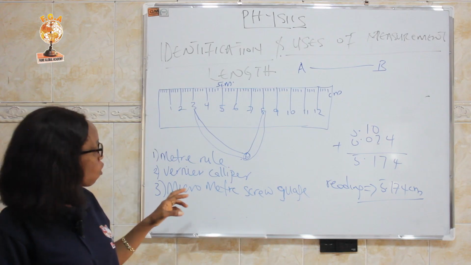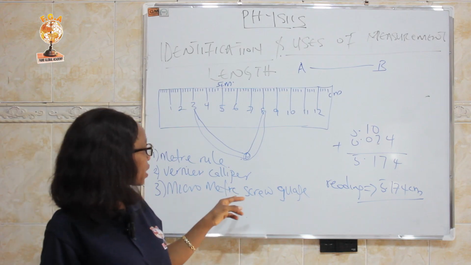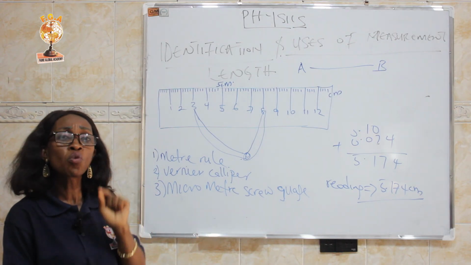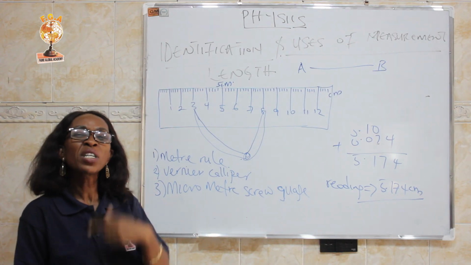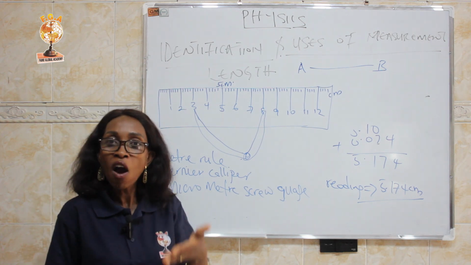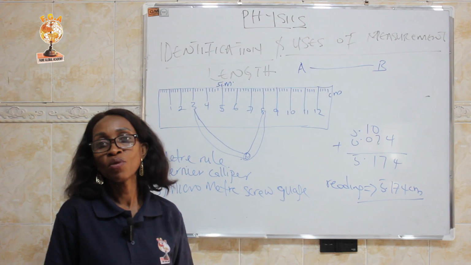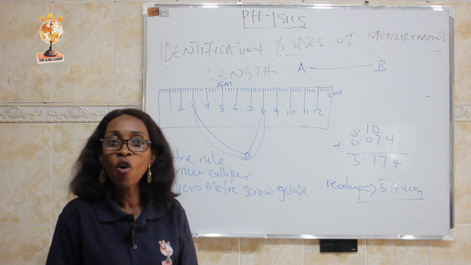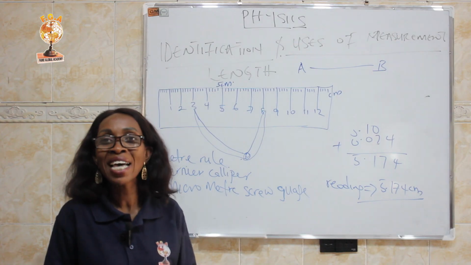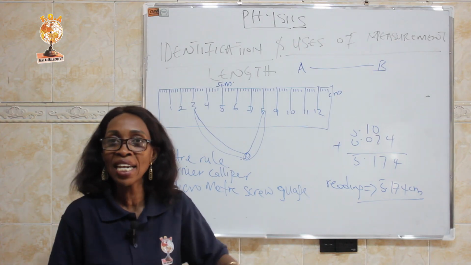Now, another one is the micrometer screw gauge. The micrometer screw gauge is another instrument that we use in the lab to measure the diameter. The diameter is also length. The diameter of an apparatus, or of a rod, or a tube also, but this time it has to do with the external, the outside only.